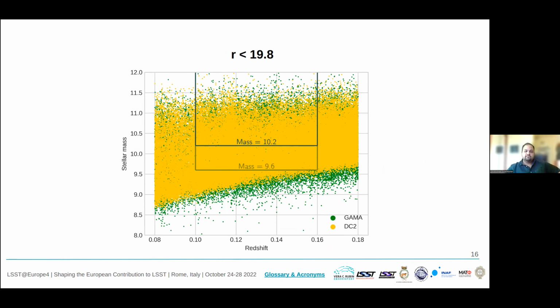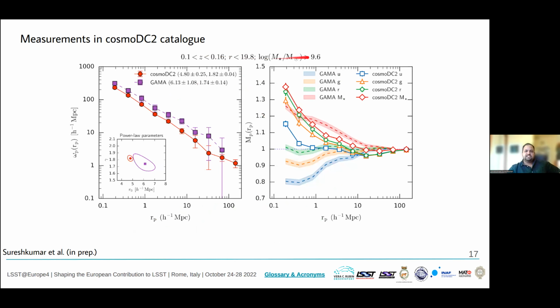But when we use Mark correlation functions for different properties, do they agree? For that, we selected two samples, from the observed data, GAMA, and from DC2, with the same selection cuts. Ideally they should behave the same, but they do not.